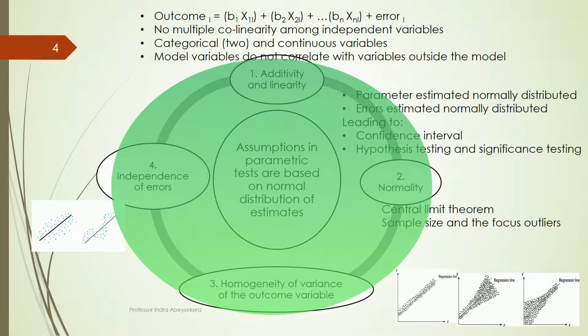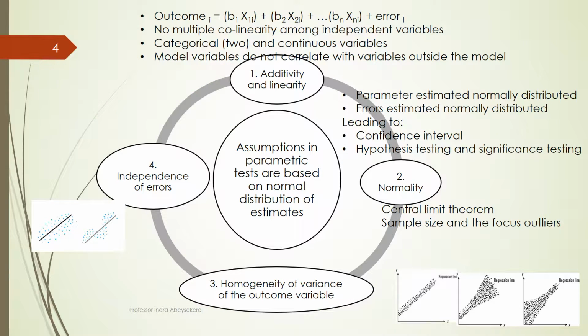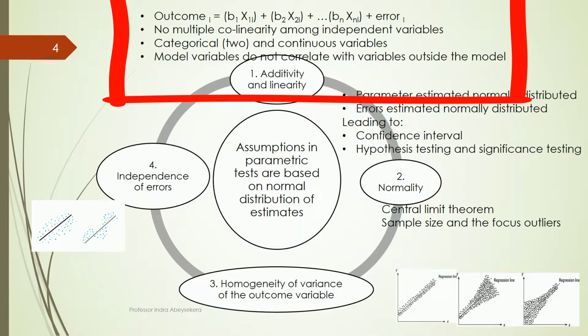When we investigate an outcome using more than one independent variable, the explanation offered by each independent variable about the outcome should have a linear relationship with the outcome, should linearly change with the outcome as the independent variable increases. Then the outcome variable should also change in a linear fashion.